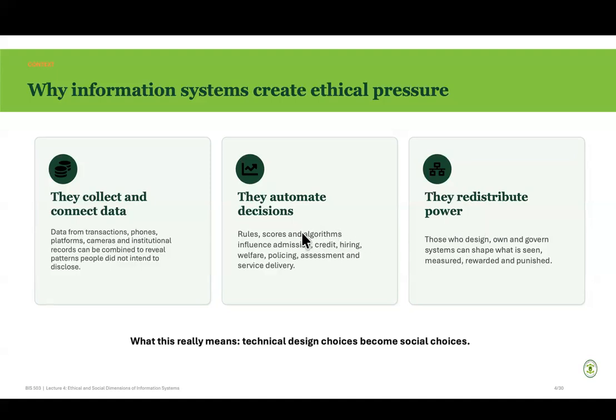So understanding these things is very important. And so anytime we're talking about ethical issues, despite the fact that there are technical design choices, we are dealing with issues that have to do with what? Our social choices. Yes.